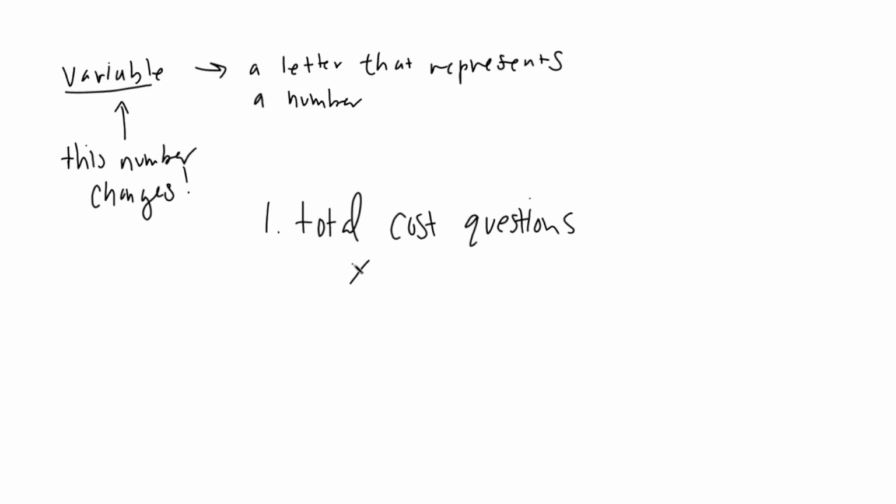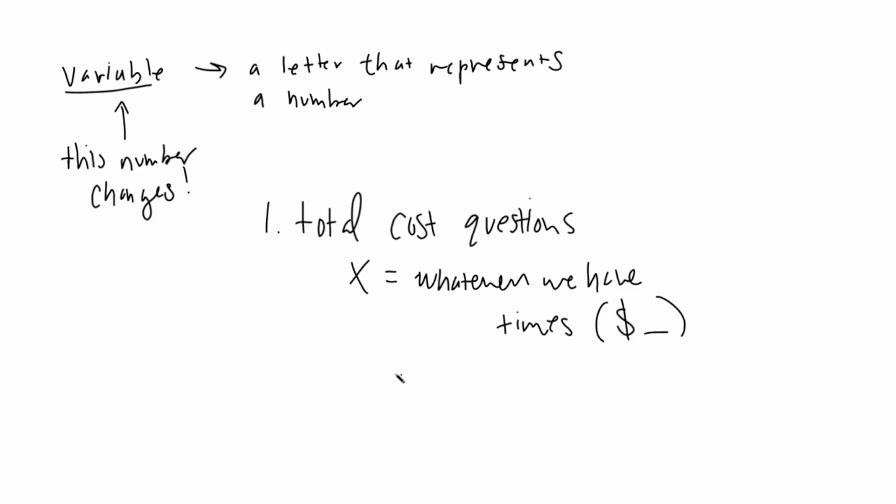When we multiply how many of whatever we have, and then we multiply times the cost, whatever the cost was. And then, as I showed you before, we can use it in finding an unknown.